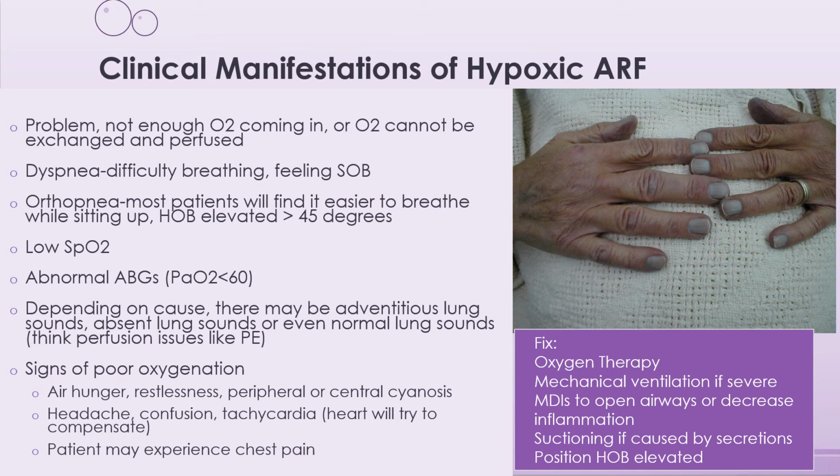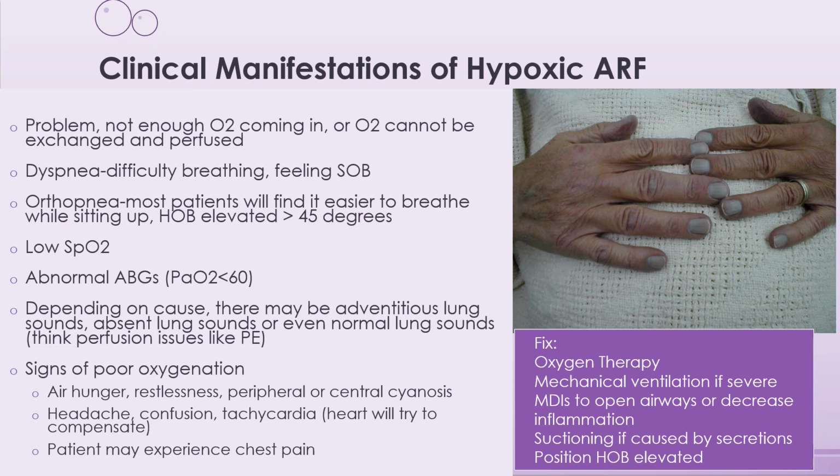So if you have a patient that appears to be in acute respiratory failure, they're turning blue, they feel like they can't breathe, you are going to give them oxygen. You are going to sit the head of bed above 45 degrees. So you're going to sit them up if you can. Okay, so that means if they're not in skeletal traction or just had a spinal cord injury, if it's not going to kill them to sit them up, you're going to sit them up.